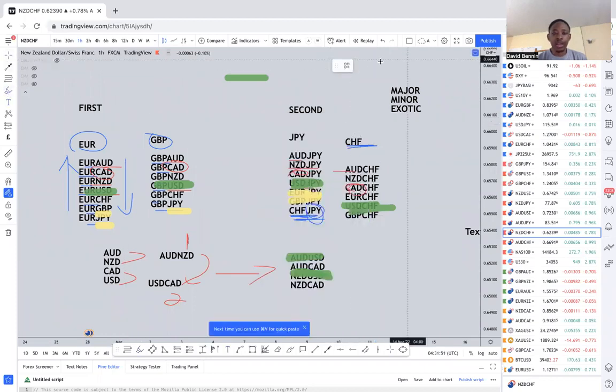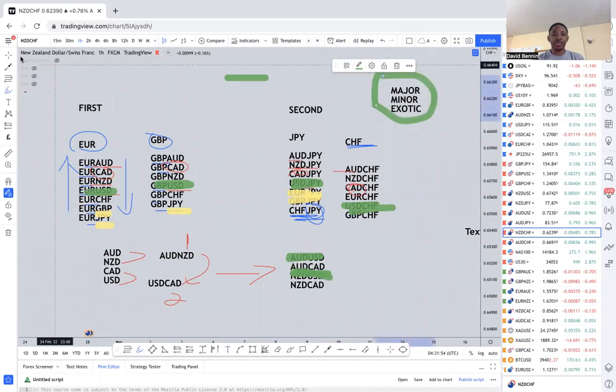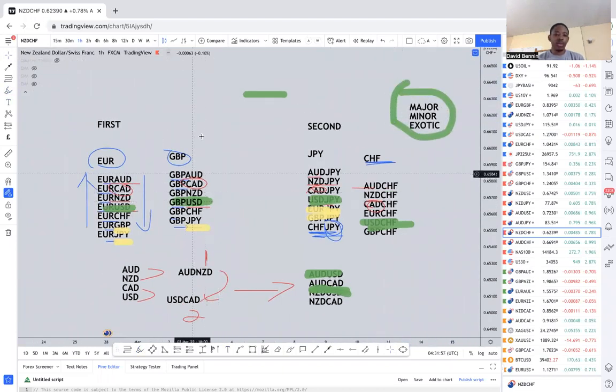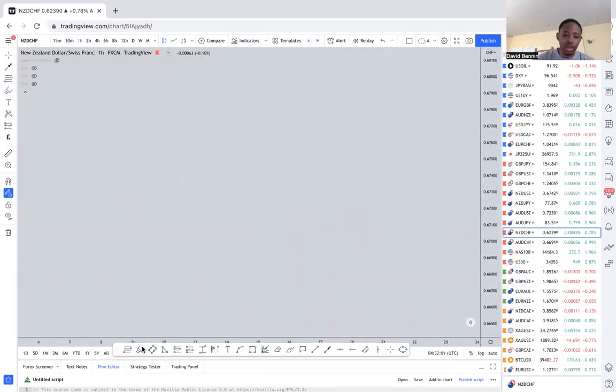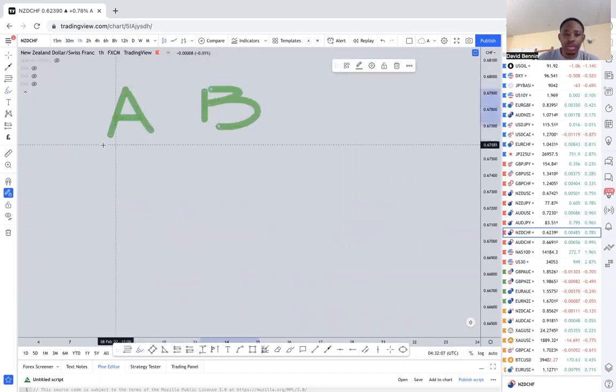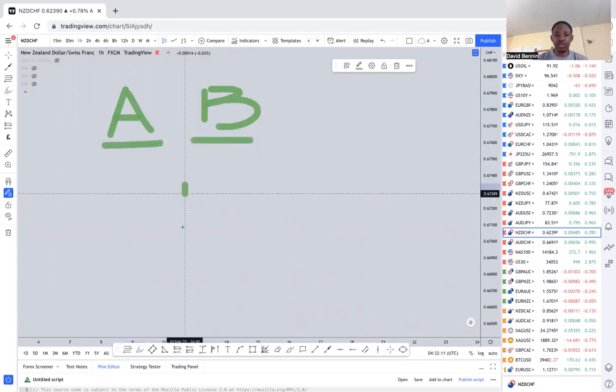So another thing that I want to highlight here before we move on is, I said that we have two currencies, A and B, and they are fighting against each other, and they come together to form AB, or the currency pair.